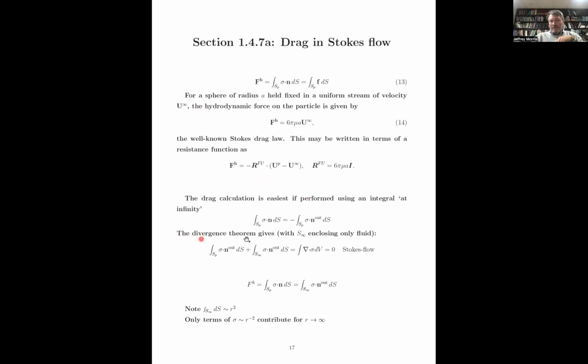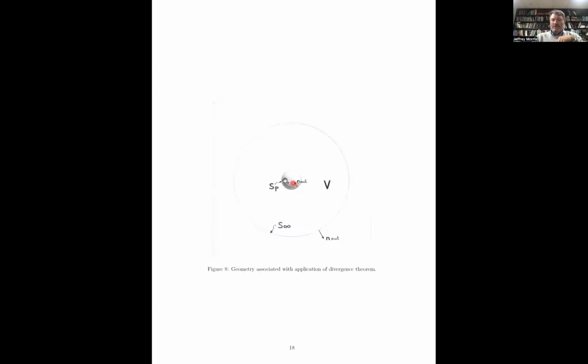What the divergence theorem tells us is that the stress dotted into the normal, which is the traction vector at the surface, gives us the drag on the particle. That's the drag right there, as we show at the top up here, with a minus sign. That's actually the negative, because n_out is this direction, and if I actually want the force on the particle, I need the normal that points out of the particle.